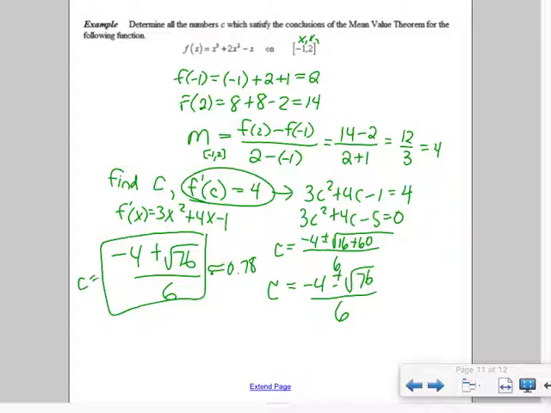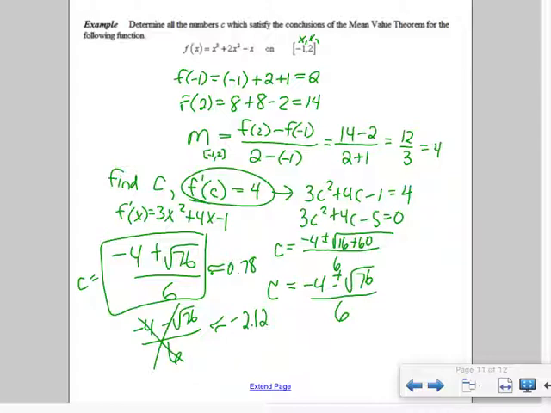Now let's see if we have two c's. We're guaranteed at least one. Let's see if the other one works. So let's try negative 4 minus the square root of 76 over 6. You get approximately negative 2.12, which is not in the interval, so that one we don't want.